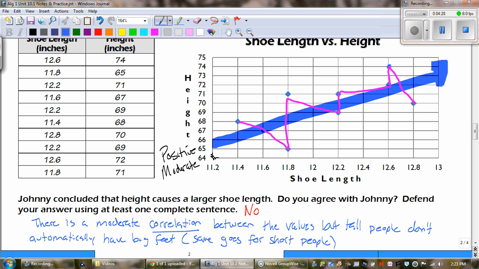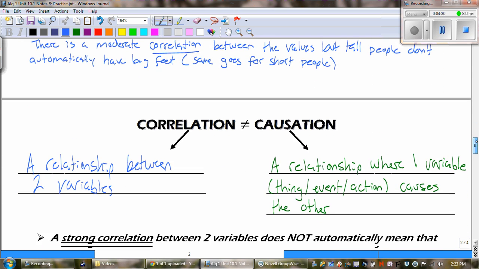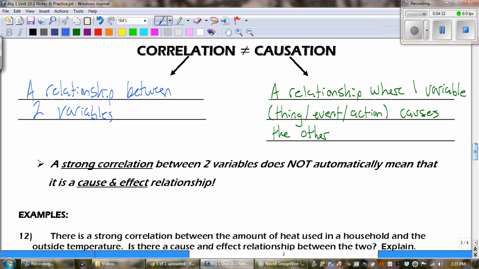All right, let's go ahead and flip it over. So, correlation does not always equal causation. All right, remember that correlation is a relationship between two variables. That's the same definition that we used on the other side.